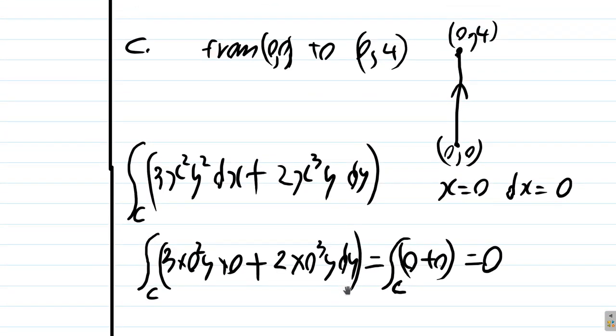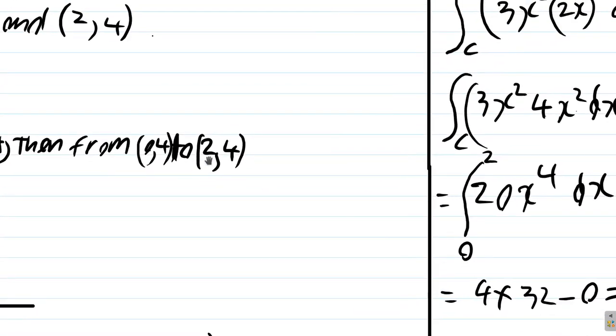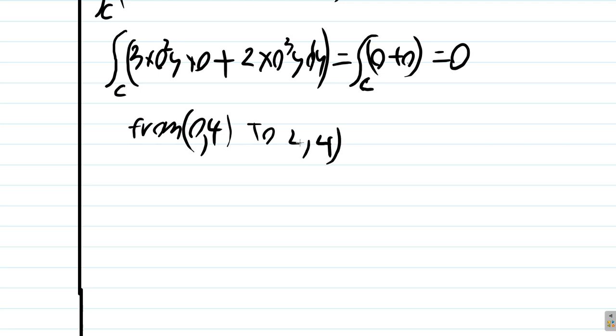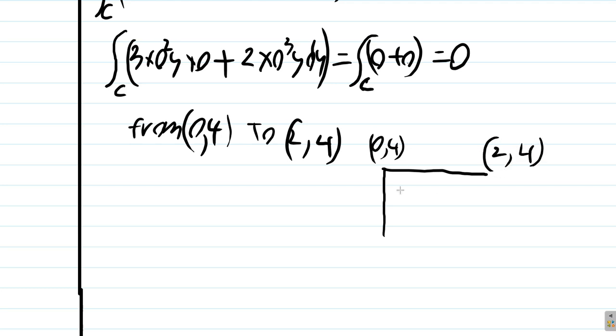Now we're going from (0, 4) to (2, 4). What will happen? Remember we had this, then we go straight across. This is from (0, 4) to (2, 4).